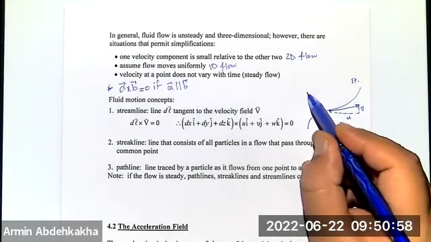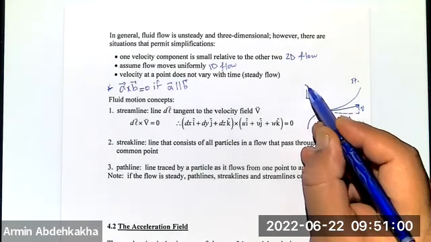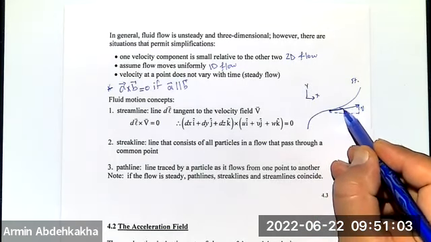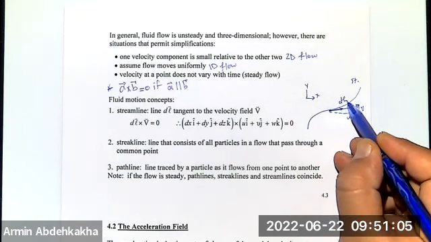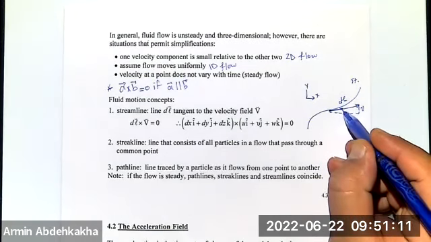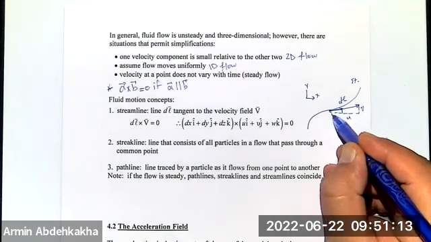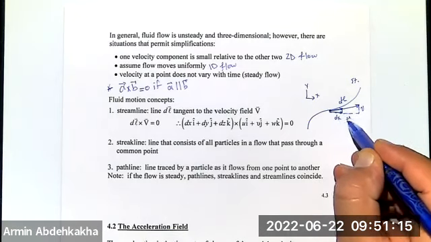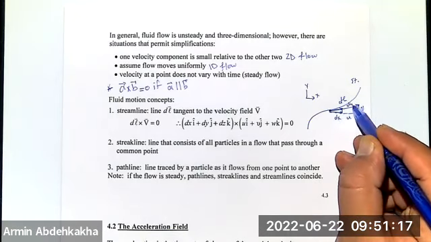And if that's your y and x, then this is going to be your dl, that is the tangent to the line and is based on dx and dy.